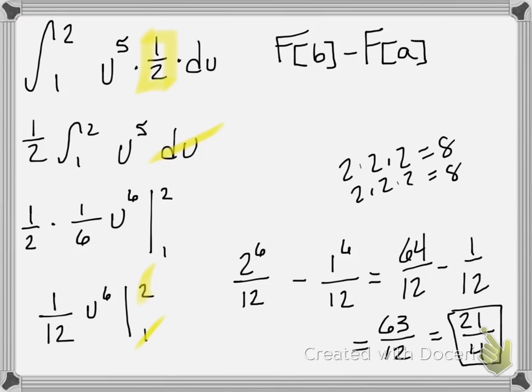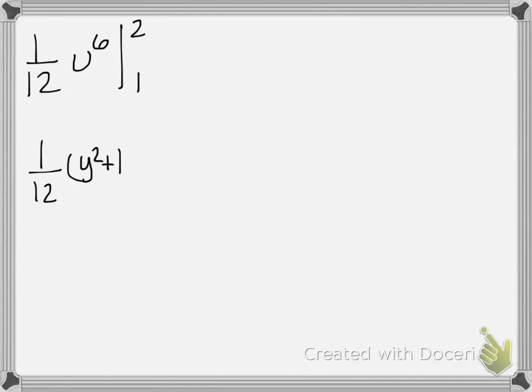One thing that you may want to note is that I left this one in terms of u, and went through the fundamental theorem of calculus in terms of u. Once you got to this point, the 1 over 12 u to the 6th, we found that in terms of u the interval was from 1 to 2. But with u substitutions, some people will go ahead and put u back in there, which for this one was y squared plus 1, to the 6th.